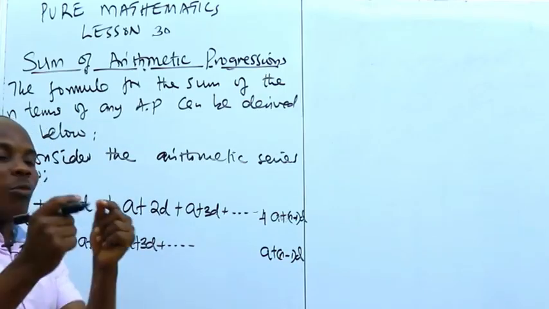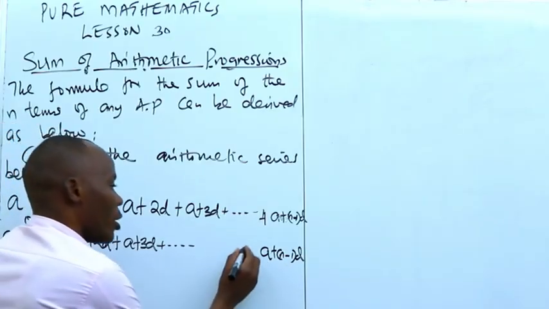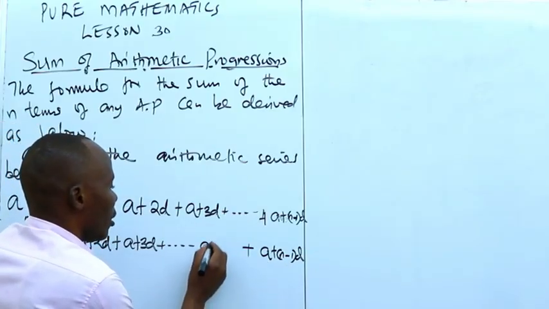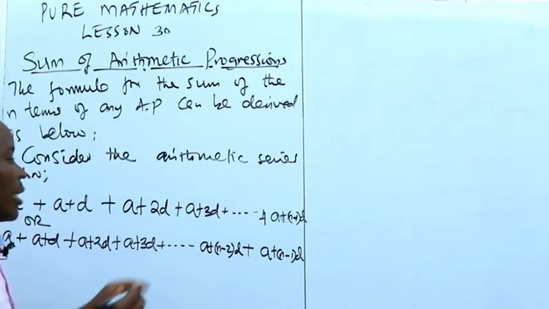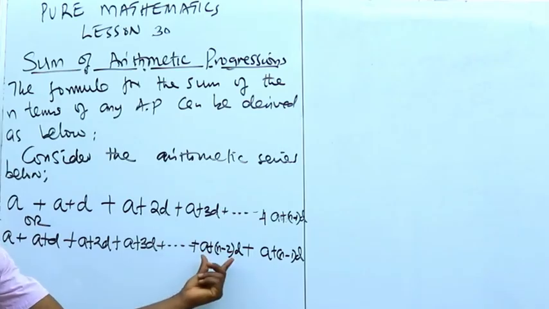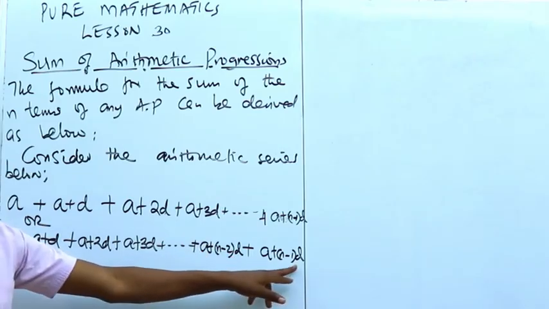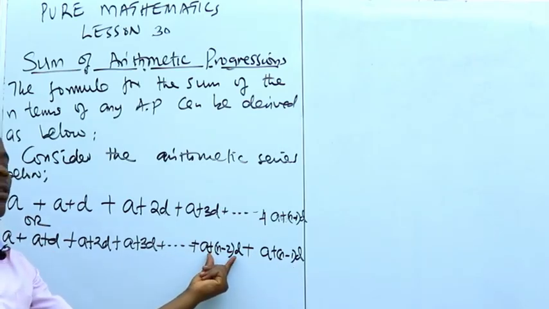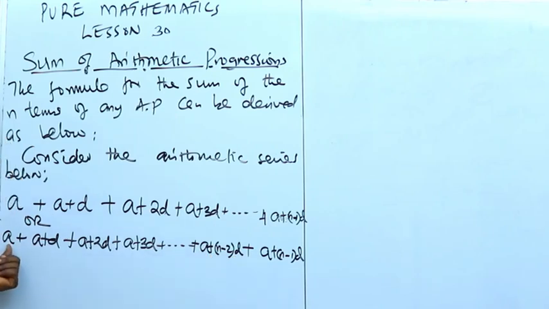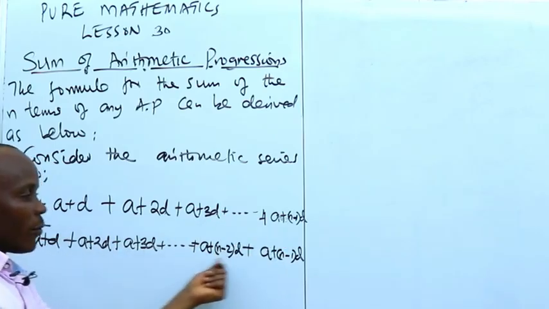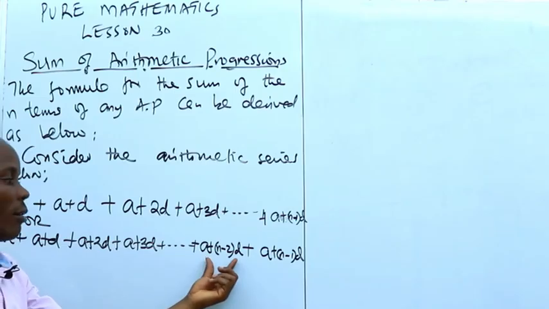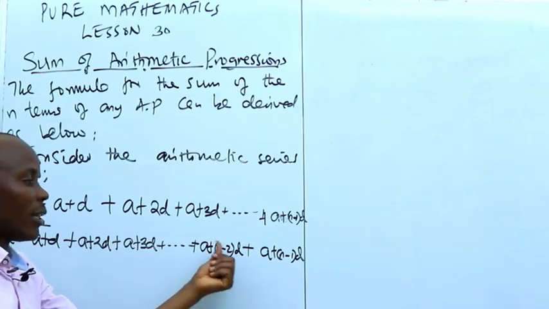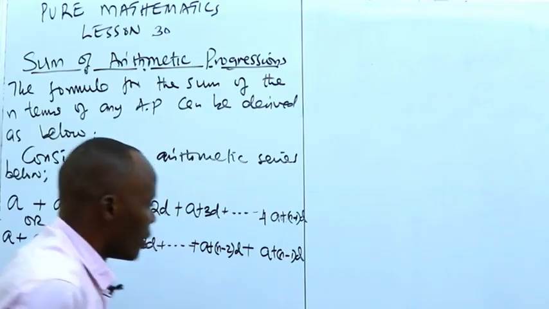So the term before this last term can be A plus (n minus 2) into D. This is the term before. This is the last term, but the term before it is this one. If this is the first term, the term after, you keep adding. Here I've just subtracted going backwards. That's why you're seeing A plus (n minus 2) into D.